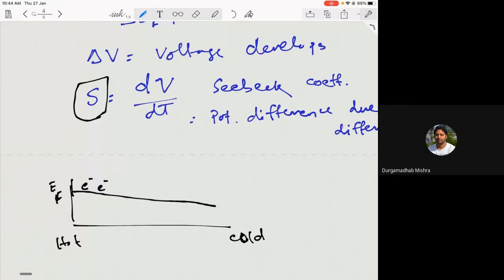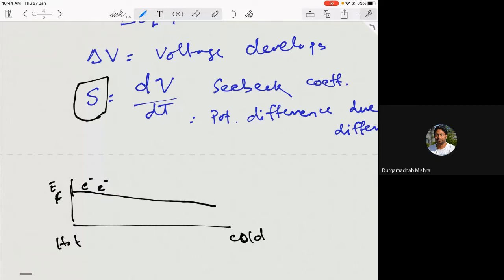This voltage is actually not doing any work, so you cannot do any external work using it. It is just due to the electron flow being different at the different ends, which leads to this voltage difference.